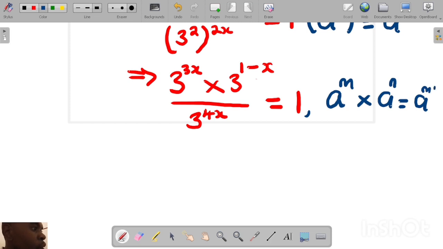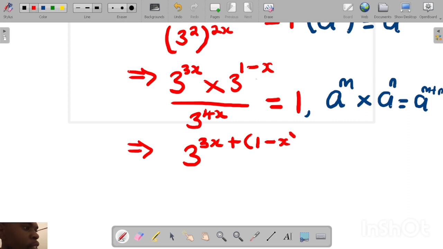So we apply this on top. The bases are both 3, so we add the powers: 3x plus, in brackets to avoid mistakes, 1 minus x.